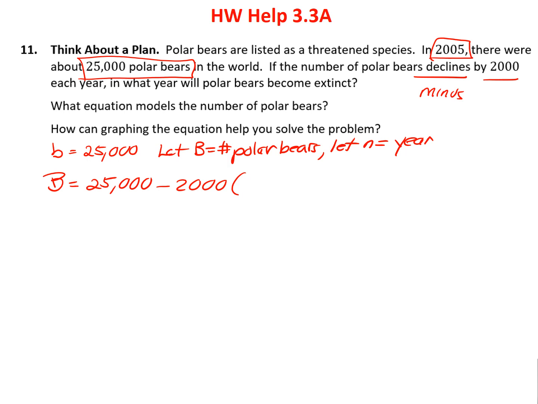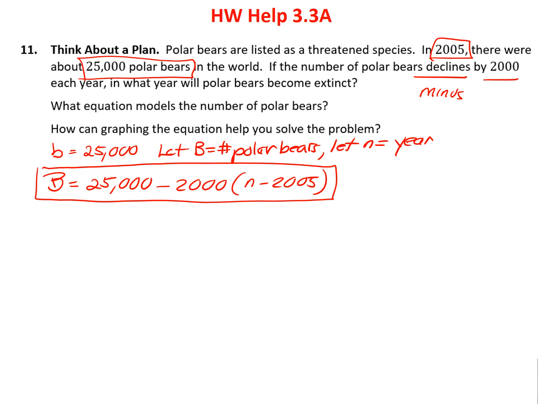So what I end up doing is I take my year and I subtract 2005. So notice that when n is 2005, that's 0 and we have 25,000. Next year, 2006, 2006 minus 2005 will be 1, and we'll subtract 1 2,000. In 2007, this would be 2, we'll subtract 2 2,000. So there's our equation. That's the equation we need.